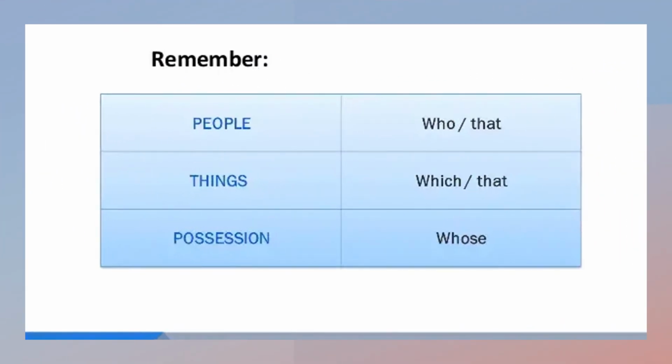What we have learned in relative pronouns is very easy. First, if you want to refer to people and relate the ideas, you usually use who or that. For things, we usually use which, and again that is quite universal. If you want to show possession, we use whose. We try to relate two ideas in a sentence.